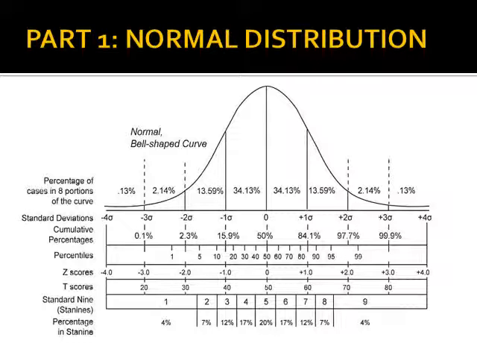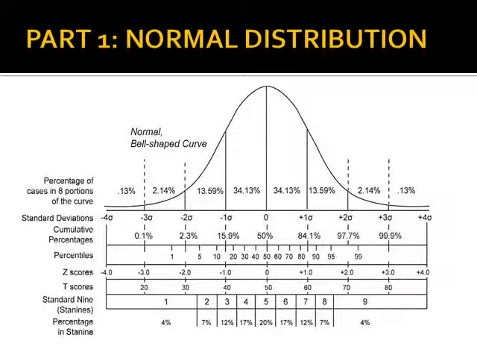That means 34.13% of people are going to score or report between 0 and -1 standard deviations from the mean. On the other side, between 0 and +1 standard deviations, again, about 34.13% of people are going to score or report between 0 and +1 standard deviation from the mean.